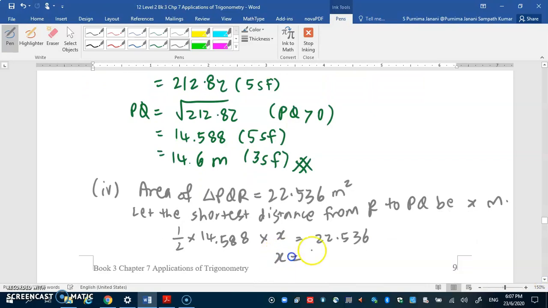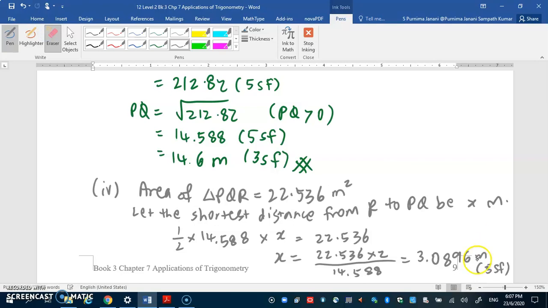So X will be equal to 22.536, you multiply by 2, and then you divide both sides by 14.588. The answer is 3.0896 meters to 5 SF.